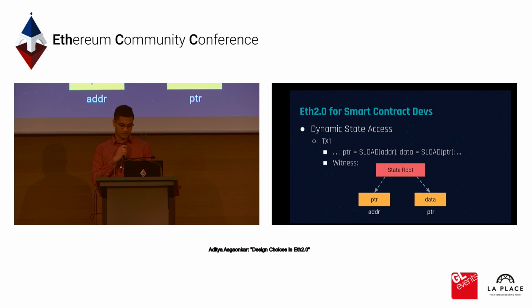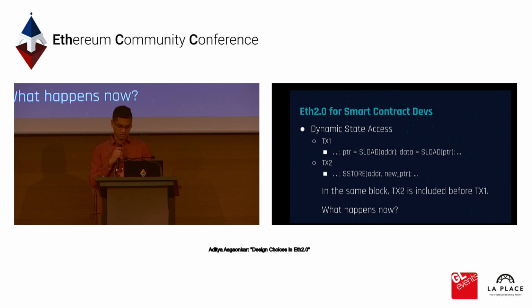You submit this one transaction, and what happens next is you have another transaction, transaction 2, which updates what exists at storage location ADDR. So the pointer that you were trying to load from storage has now changed, which means the address from which you'll be loading your data is going to change.